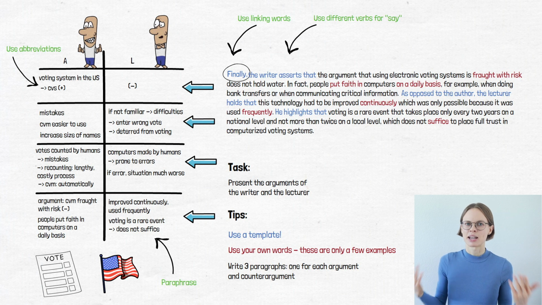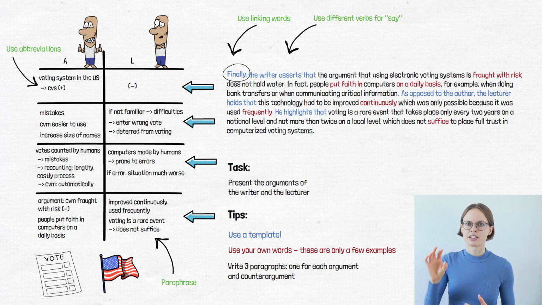As you can see, I paraphrased the information given in the lecture. The lecturer states that this technology had to be improved on, and I said it had to be improved continuously. And another example is that I didn't use the word sufficient that was used in the lecture, but instead I used suffice.